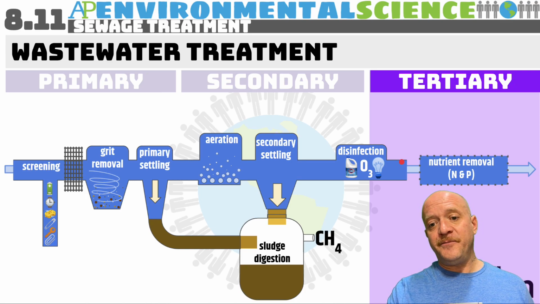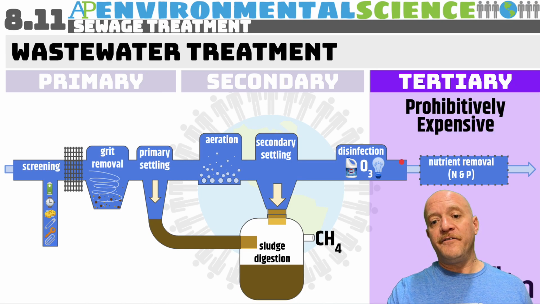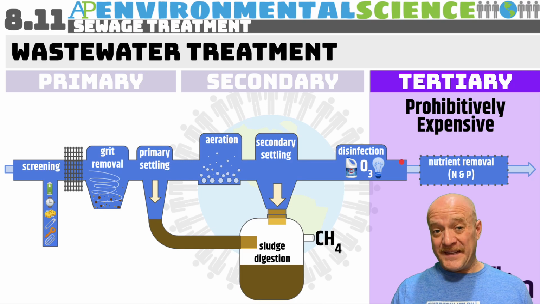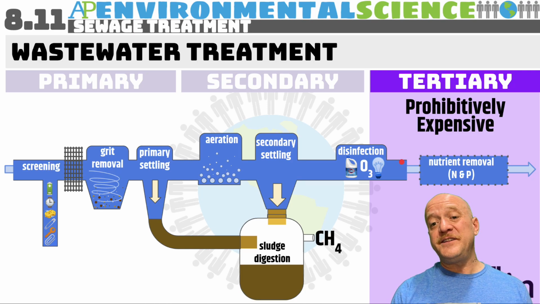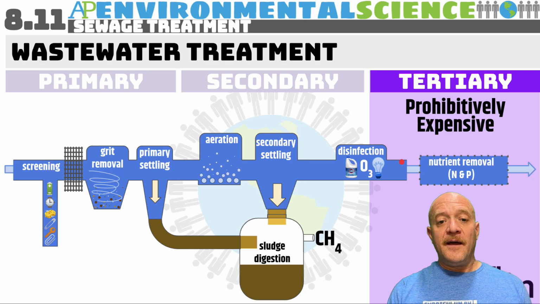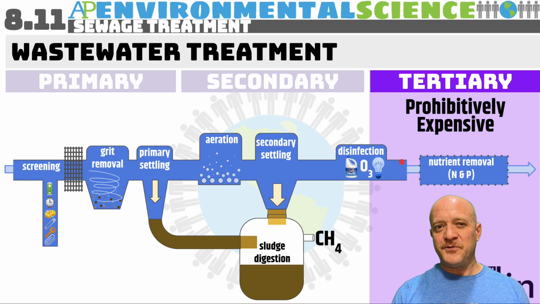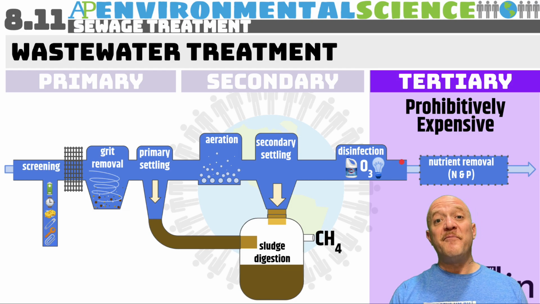And tertiary treatment involves the removal of nutrients, most notably nitrogen and phosphorus. However, it is prohibitively expensive. The reason we don't do this in New York is because the population is so large. The Newtown Creek wastewater treatment plant serves a lot of North Brooklyn, and about a third to a half of Manhattan.